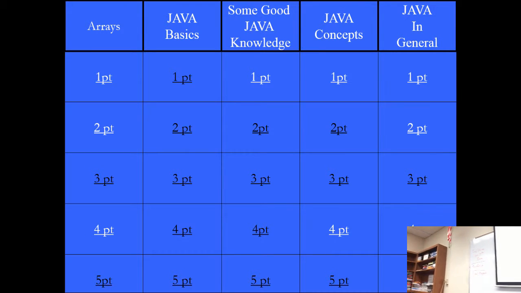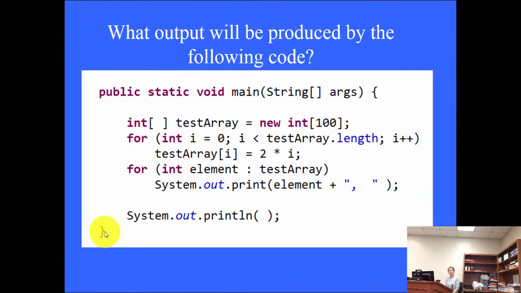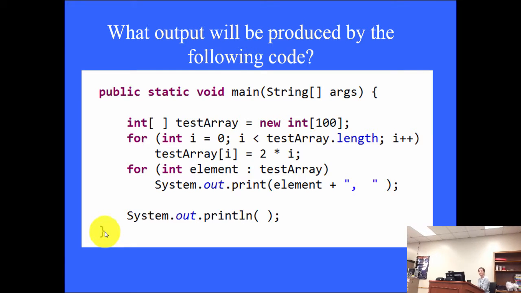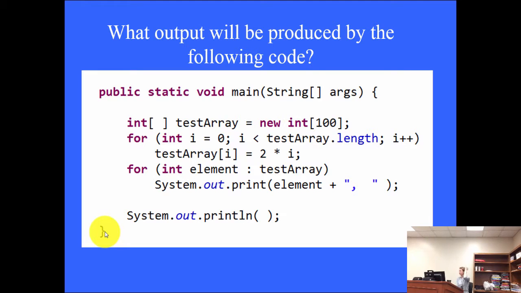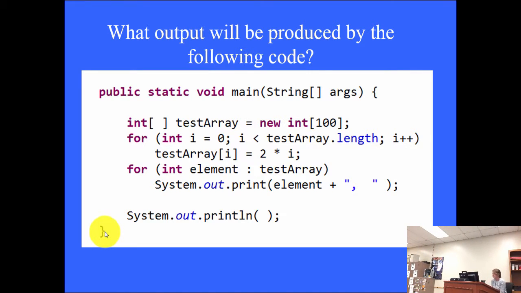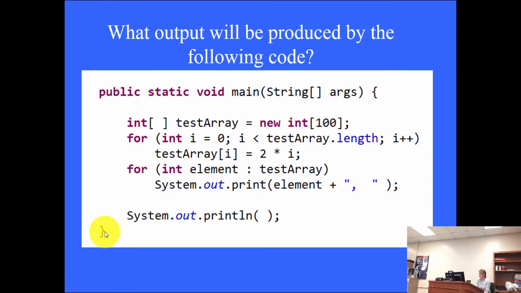All right. What output's going to be produced by the following code? We've got some code here. Zero, 2, 4, 6, 8, all the way down to 200.